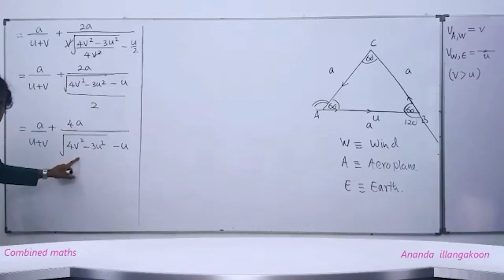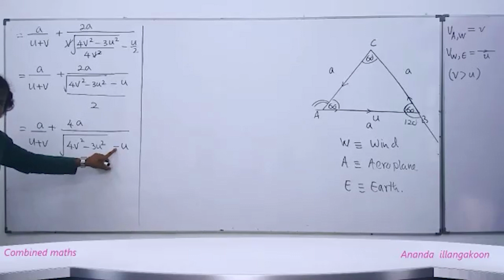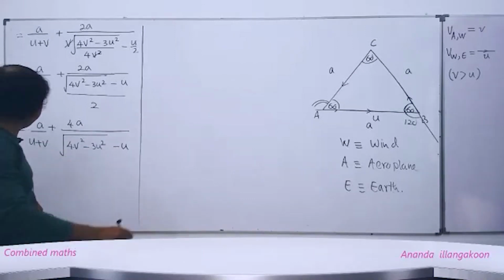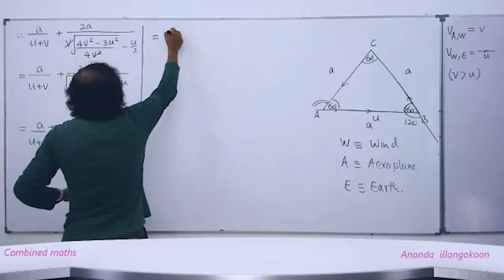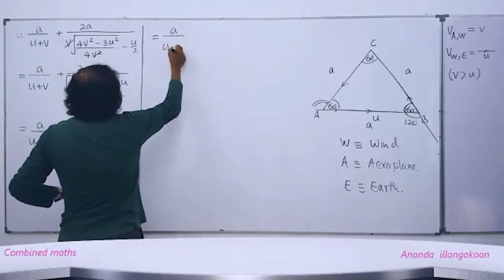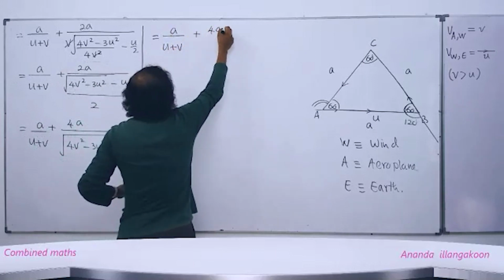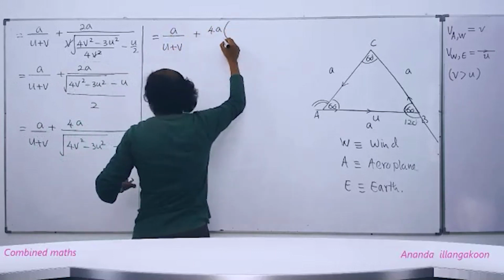What is the conjugate of this denominator? Just give the sign plus. By that, multiply numerator and denominator both. A upon U plus V, for A times the conjugate going to be this.